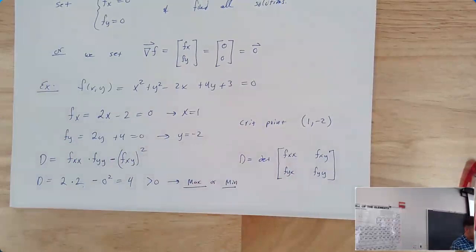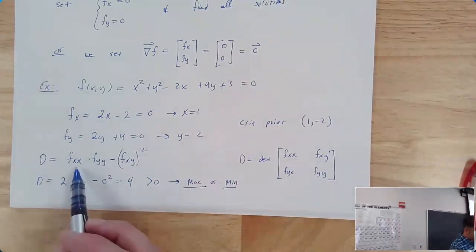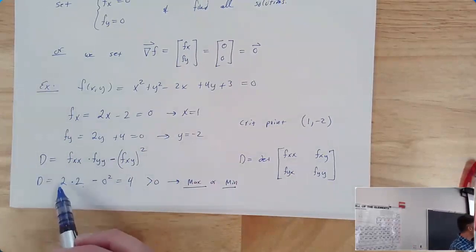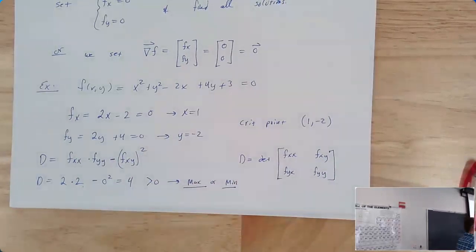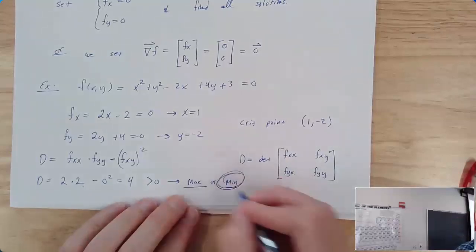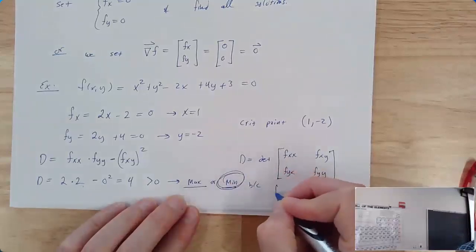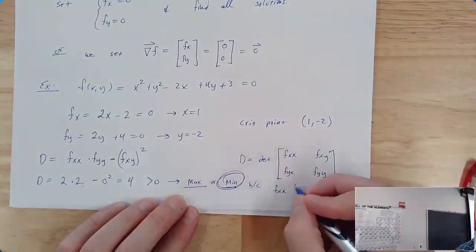The way you determine which it is is by looking at the second partial, meaning you look at fxx. fxx is 2, which is positive, meaning it's concave up. fyy is also 2, which is positive, so they're both concave up. So you've got a minimum.